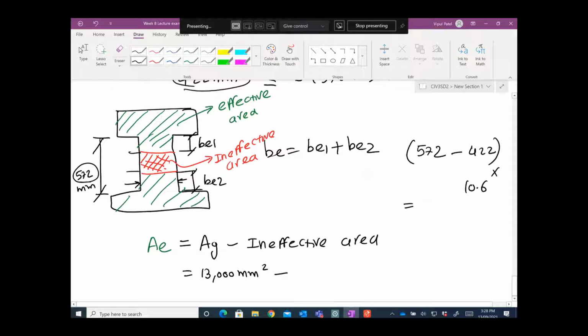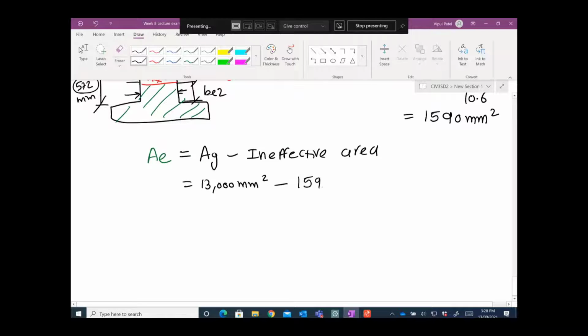So we have 572 take away 422 times 10.6, you get 1590 millimeter square. So you get 13,000 take away 1590, you get 11,410 millimeter square. So that is your effective area.